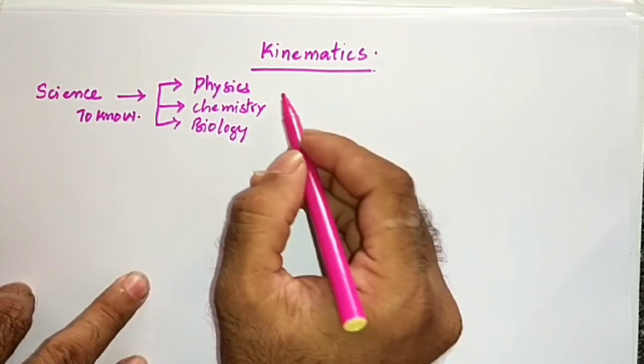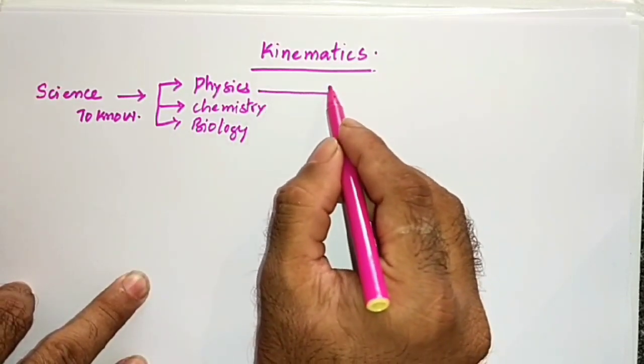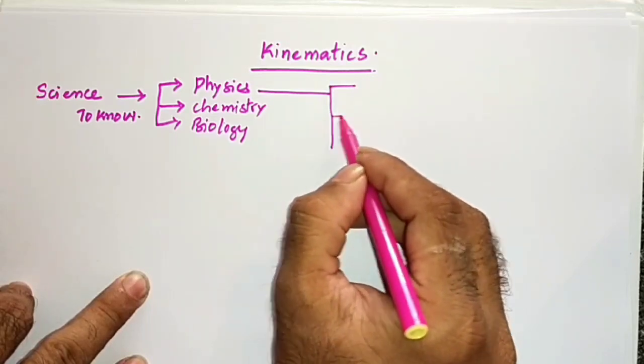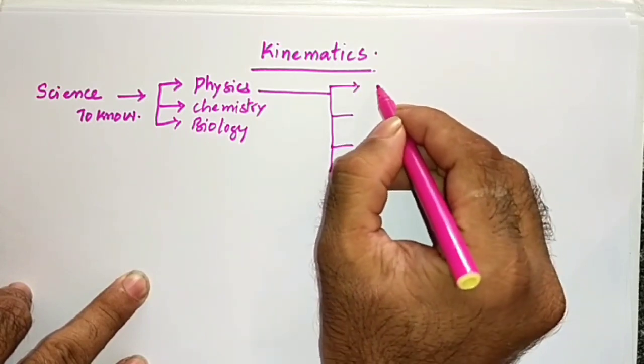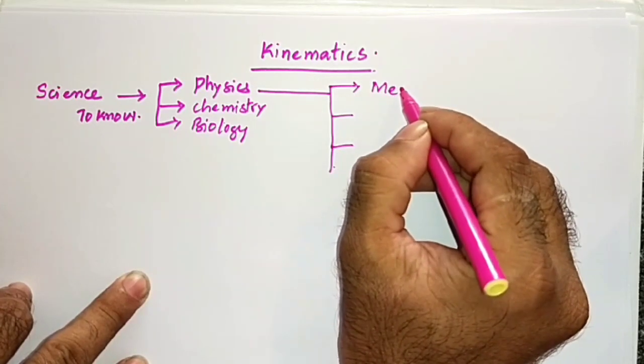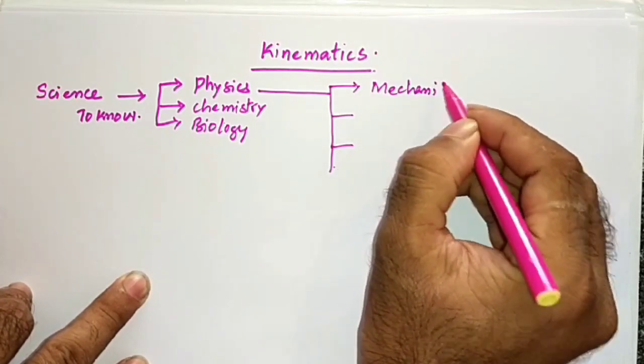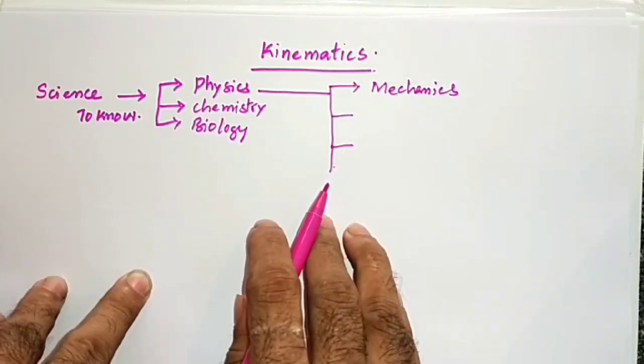Okay. So again, in this physics, we have many branches. One of the branches is mechanics. What is that? Mechanics. Right.